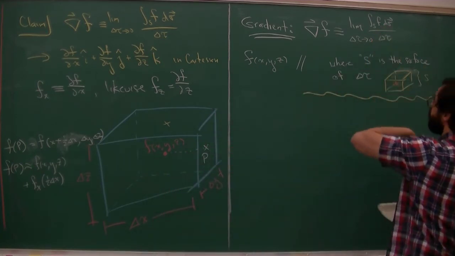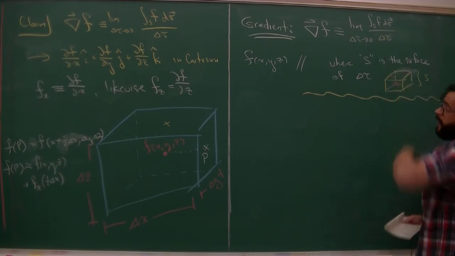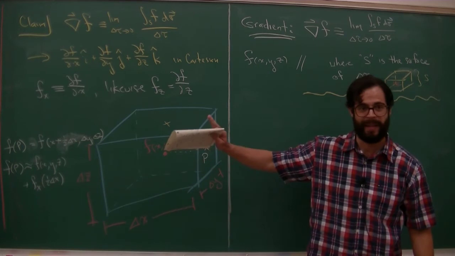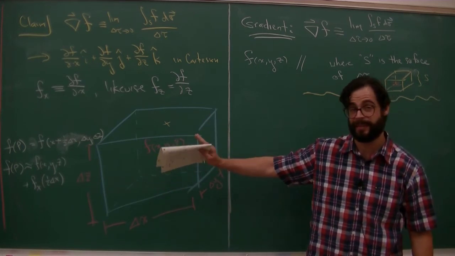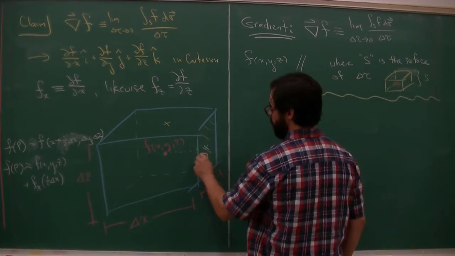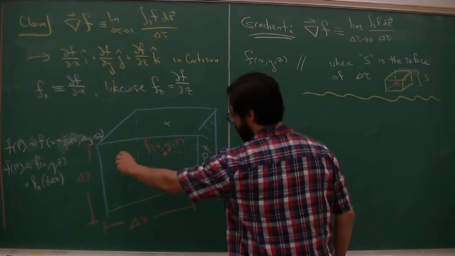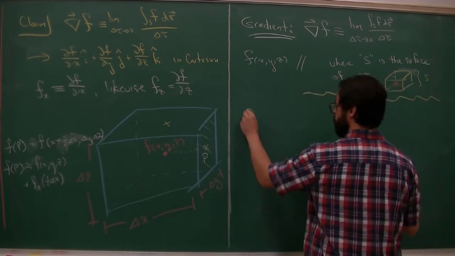So this surface integral, the integral over the entire surface of f d sigma, how many terms does that have if I were to add them all up? Of course, you're right if you say 6. This is part of the surface, this is part of the surface, that's part of the surface, and that is part of the surface. So we got 6 terms.